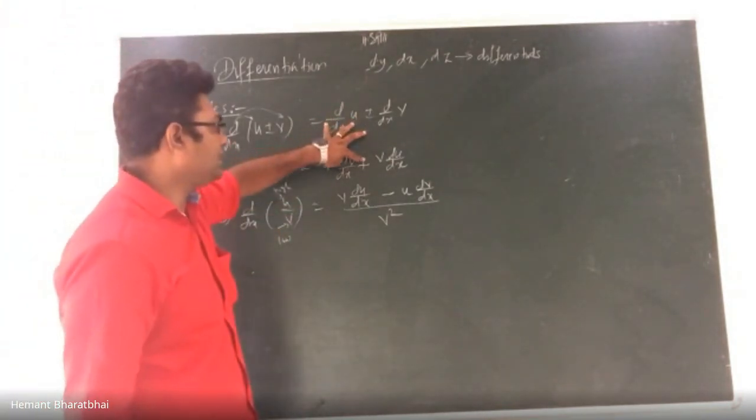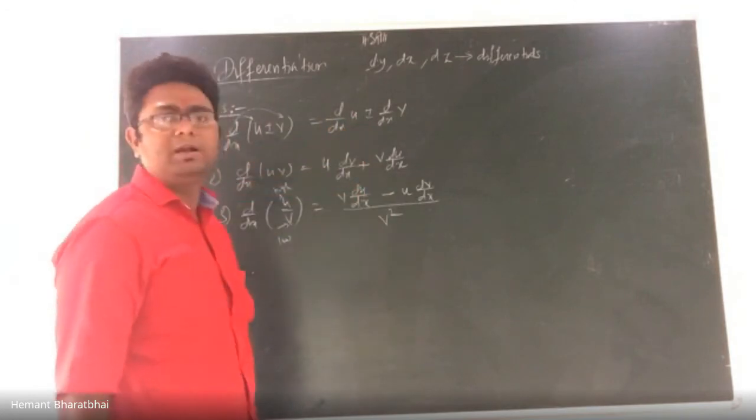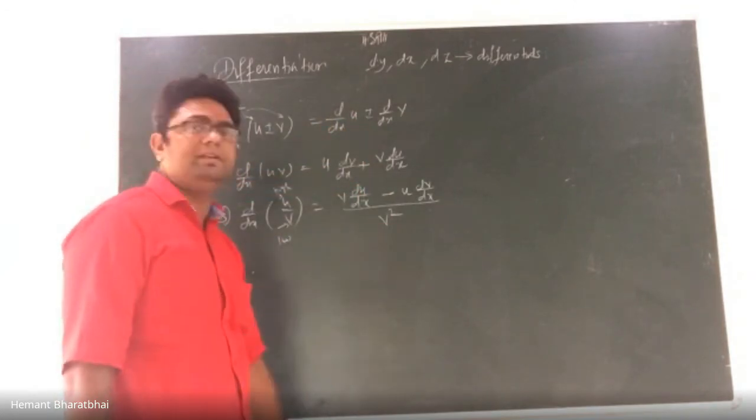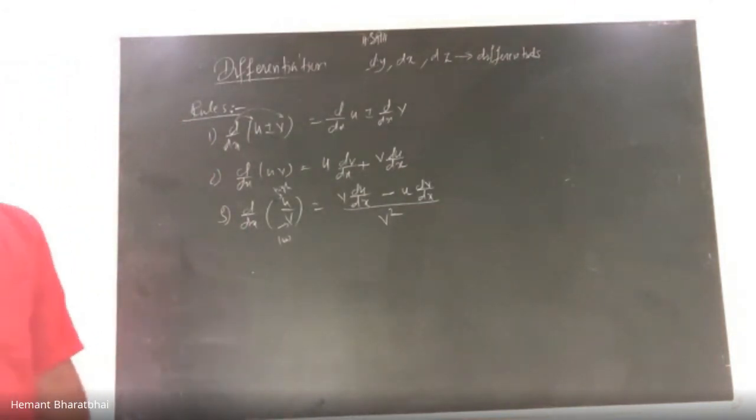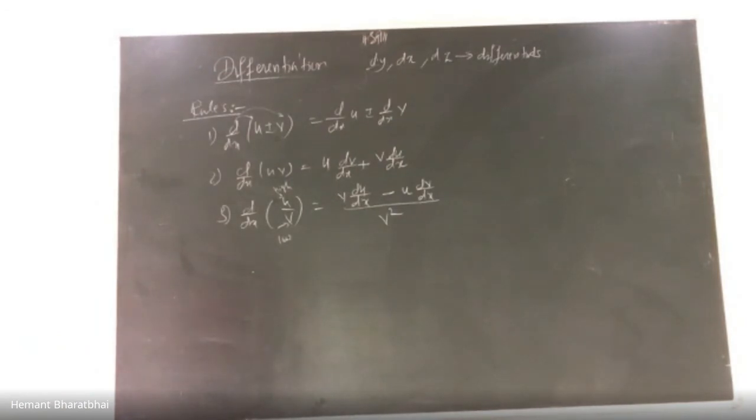Similar to the multiplication rule, but there was a plus sign and here we have a minus sign, and we are dividing by v square. So these are called the rules of derivative. Apart from these, there is one more rule, which we call the chain rule.